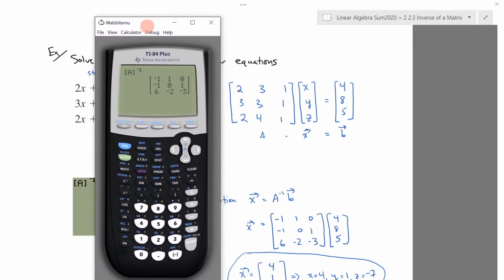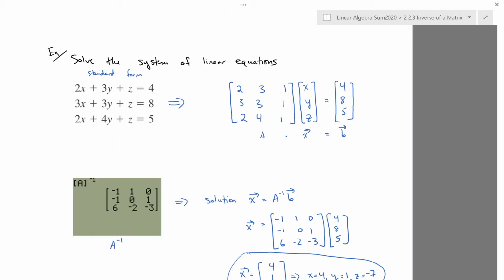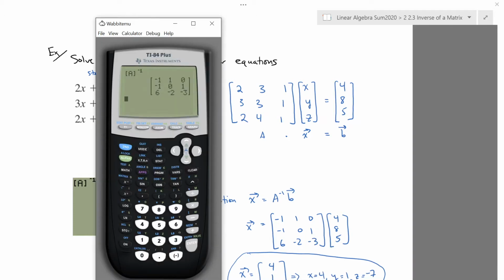So this is our inverse matrix, and now to calculate the solution x, we can just multiply A inverse by this matrix B here. So I take A inverse, I enter in my matrix B, so B is a 3 by 1 matrix, and the entries are 4, 8, and 5.